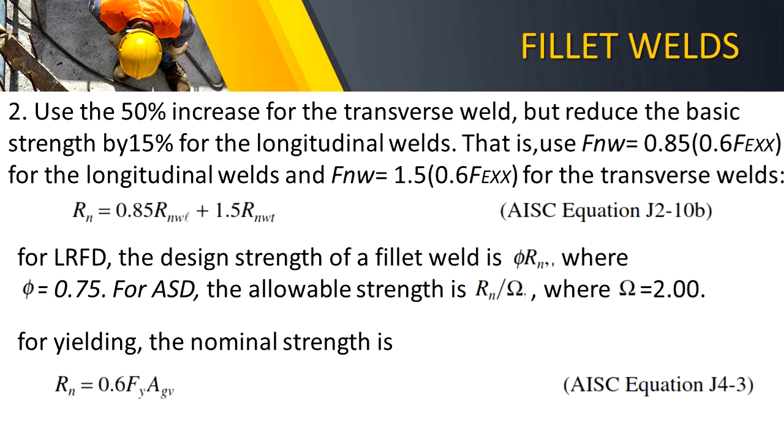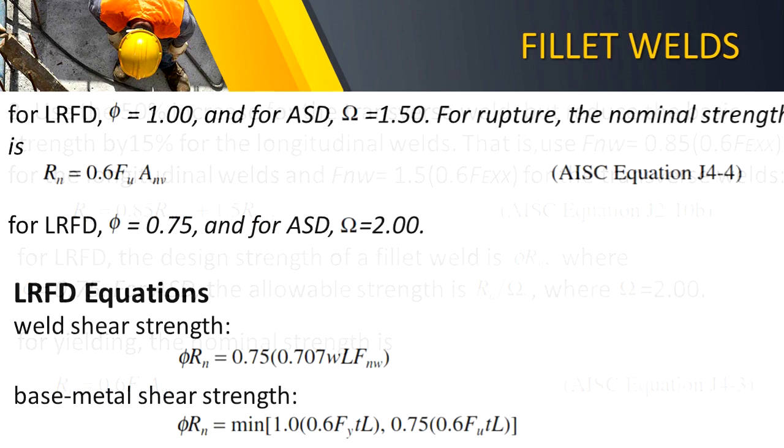For LRFD, the design strength of a fillet weld is phi Rn, where phi equals 0.75, and for ASD, the allowable strength is Rn over omega, where omega equals 2. For yielding, the nominal strength is Rn equals 0.6 Fy AGV, given by AISC equation J4-3.